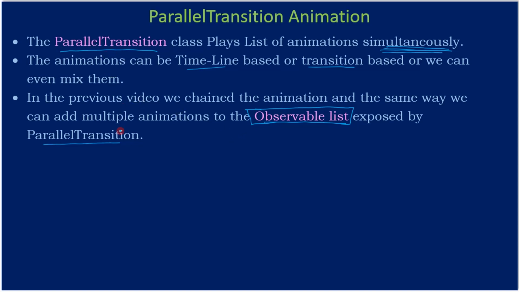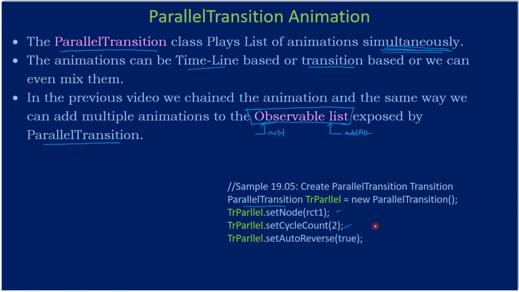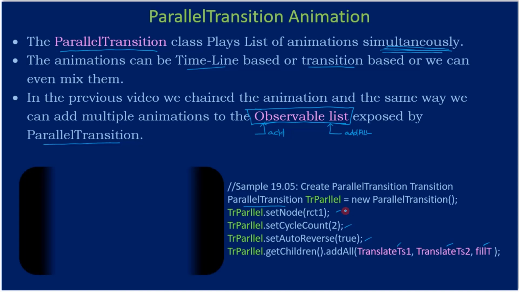The same way, parallel transition class also exposes an observable list, and to that list we can add our animation using add or addAll method, right? So here if you see, we are creating a parallel transition. We specify the rectangle object, cycle count, auto reverse true, and we pass our animation instances.